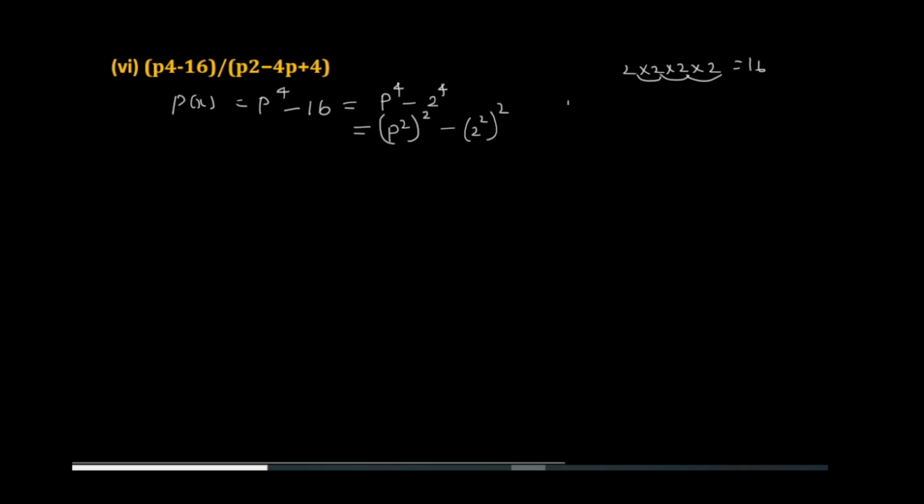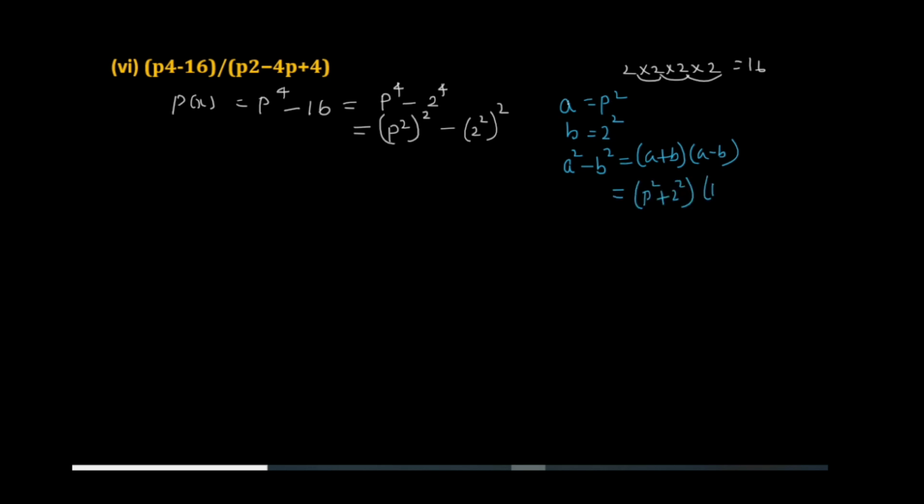So here our a is p squared and b is 2 squared. When we are expanding this in the form of a squared minus b squared, a plus b into a minus b, we get p squared plus 2 squared and p squared minus 2 squared.